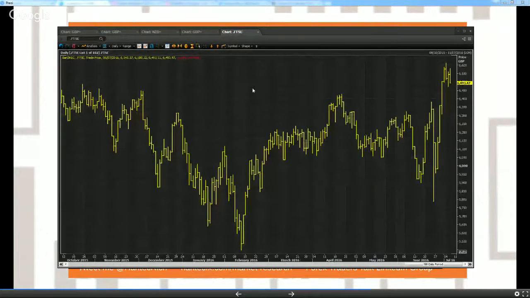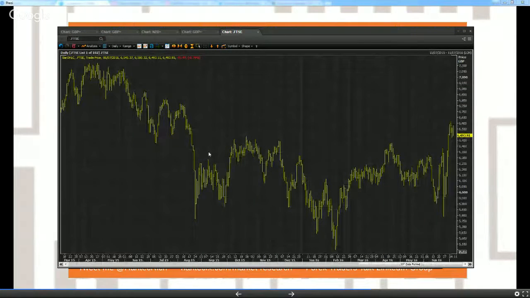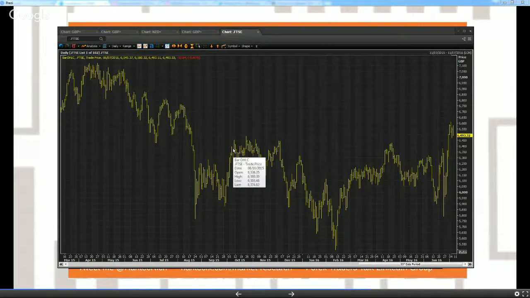FTSE 100 has broken out to the high since August last year. You could argue, how is that even possible? Well, first of all, as I said, 70% of the index generates revenue abroad.